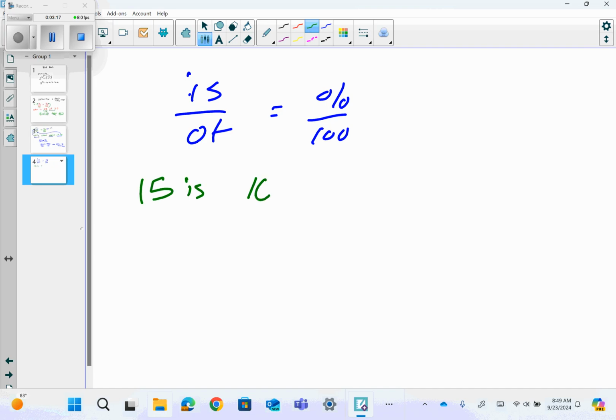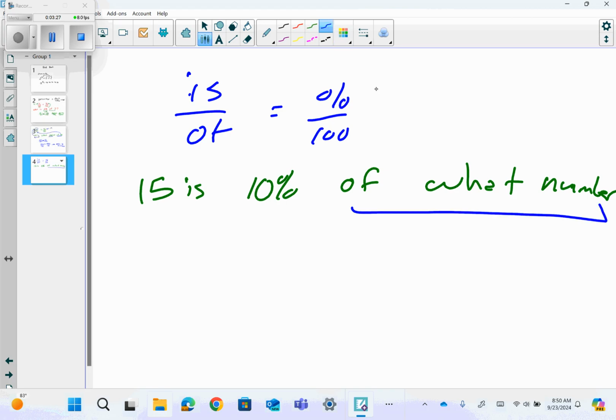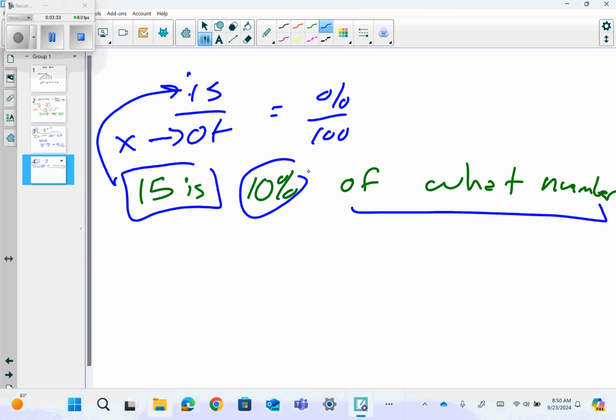Another way you're going to see is over of equals percent over 100 is, you might say, 15 is 10% of what number? So we have of what number, that's unknown, so we're going to have x down here. The is, 15, falls in there. 10% goes here.